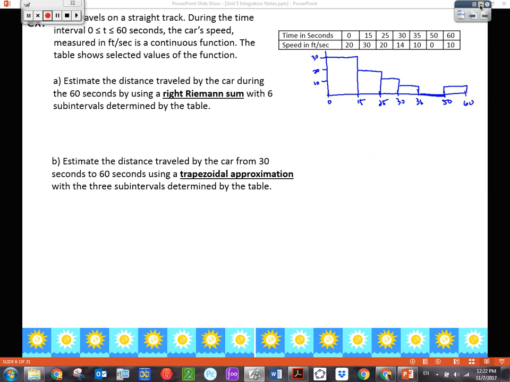Okay, so we're going from 0 to 60. Let's just, it's velocity. I mean, that's what we're integrating, right? Actually it's speed, but okay, it's approximately.